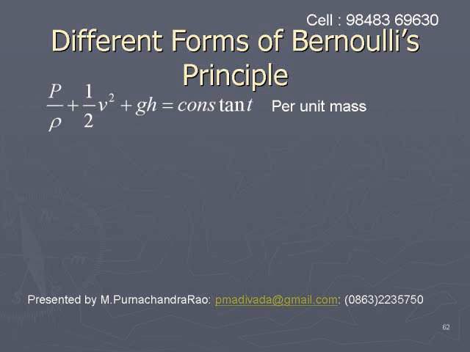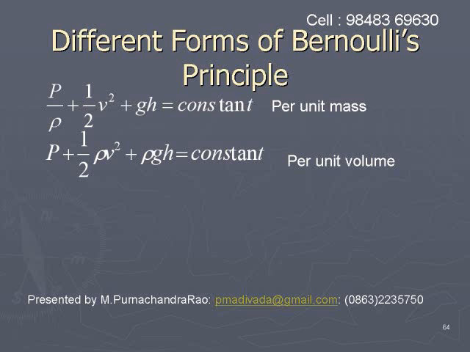Similarly, by multiplying with rho, we get the relation P plus half rho V square plus rho gh is a constant. This is the relation for unit volume.